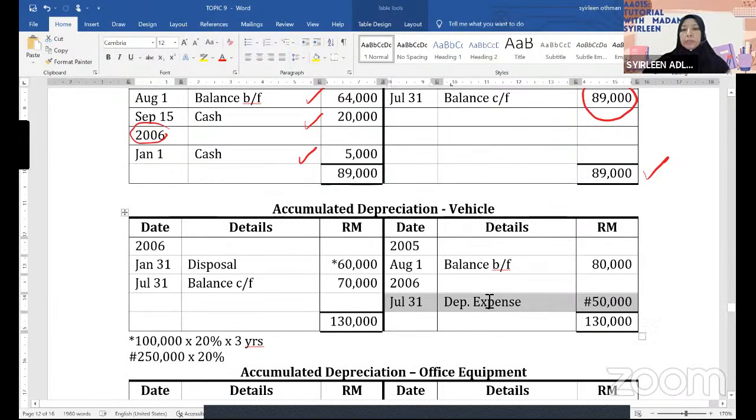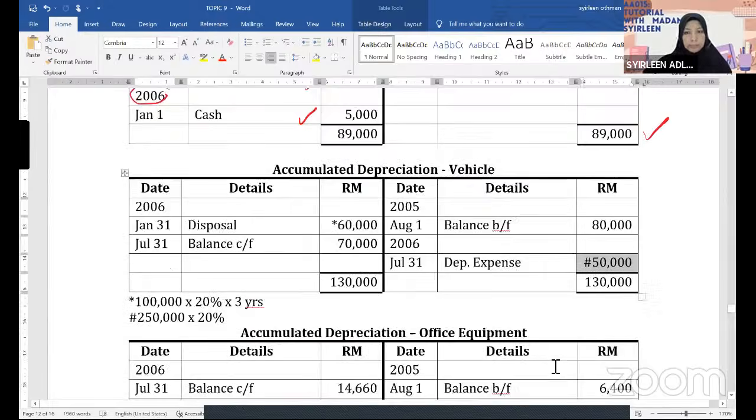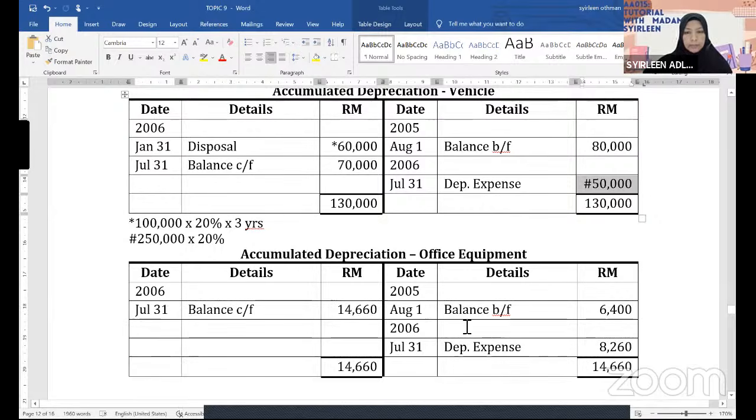Okay. So kita jumlahkan sebelah kredit dulu. That brings you to 130,000. So sini pun 130,000. That's how you come out with the balance CF of 70,000 for your accumulated depreciation. Okay. So this 50,000 tadi, Madam dah tunjuk macam mana awak kira. Okay. So this is for vehicle. And then for office equipment, sama juga. Okay. You have your balance brought forward, 6,400.